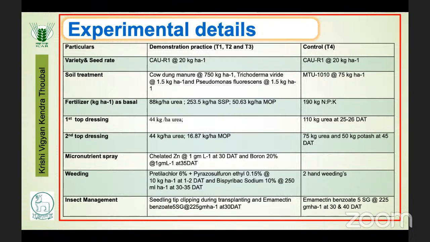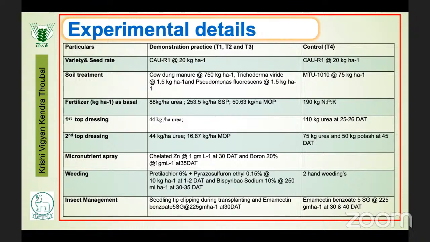When it comes to weed management, we used the chemical pretilachlor and pyrazosulfuron ethyl, which are pre-emergent herbicides, and bispyribac sodium as the post-emergent herbicide at 2 different phases. And when it comes to insect management, apart from disease management, we took up emamectin benzoate at tillering stage.